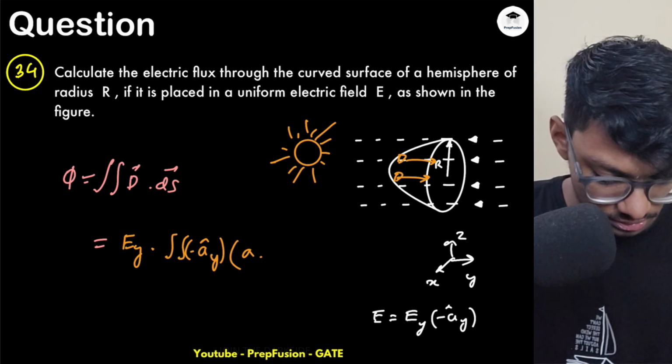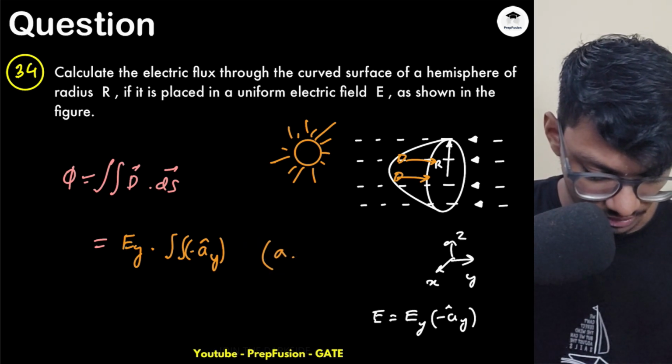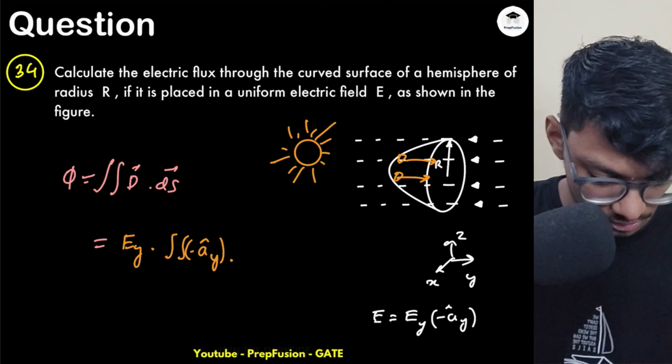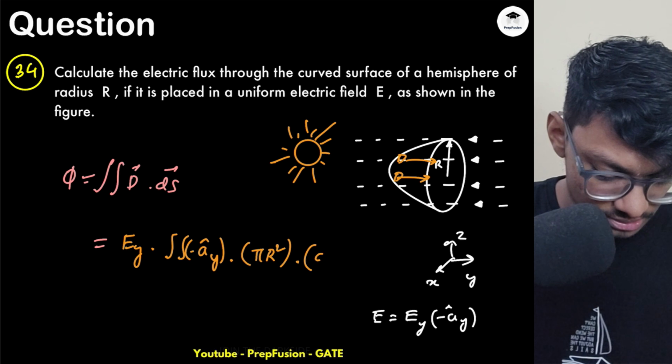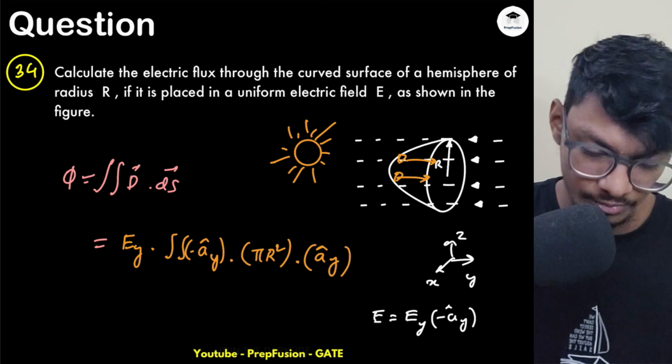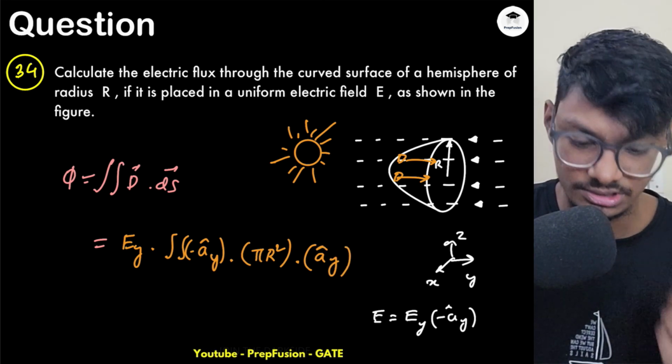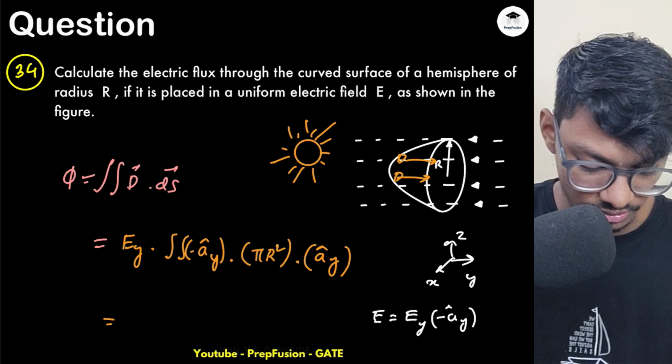The area vector will have its own magnitude. The magnitude is pi r square, and the direction you can choose plus or minus ay, because I'm concerned about magnitude only right now. So I'll take the magnitude.